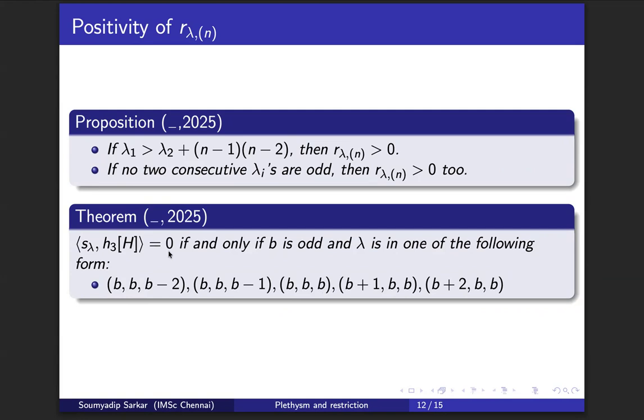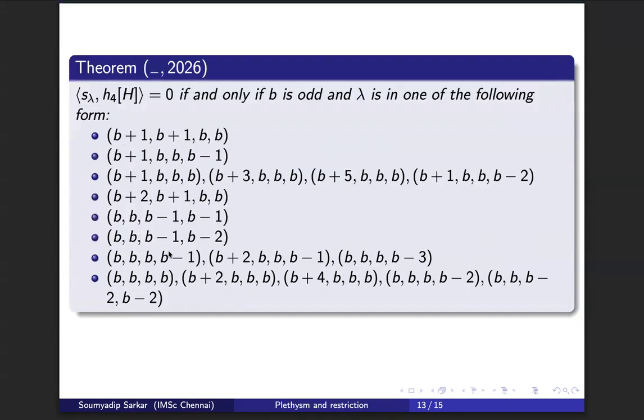So this is for n equal to 3, and for n equal to 4, only a week ago I also solved this: your W lambda C4 will admit an S4 invariant vector if and only if B is odd and lambda is in one of the following forms.